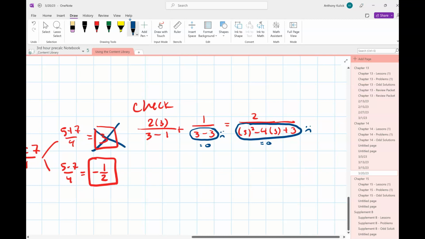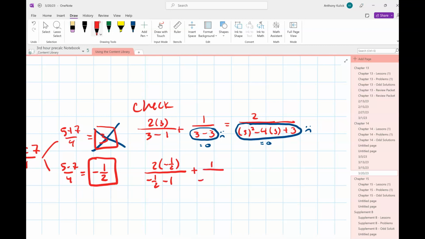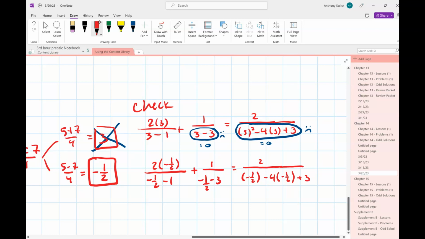So that solution doesn't actually work. I don't know why I didn't write it this way.